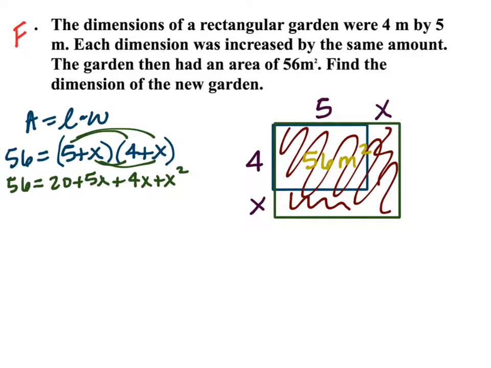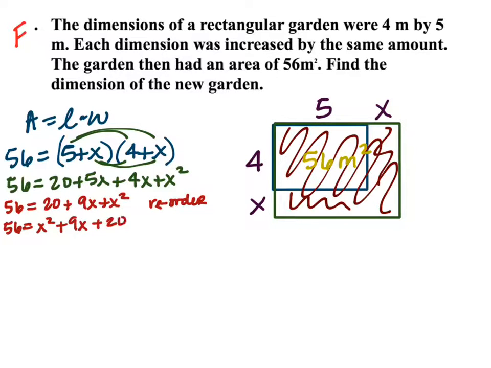I'm going to put that all together and reorganize because I always like to have my highest exponent in the very front as my first term. So simplifying this down, I have 56 is equal to 20 plus 9x plus x squared, and then reorder it, where I then have 56 is equal to x squared plus 9x plus 20.